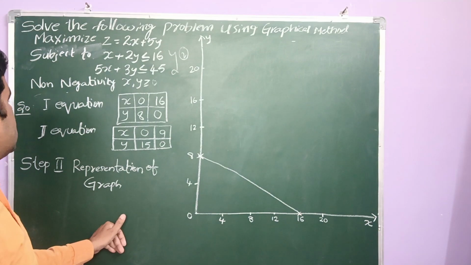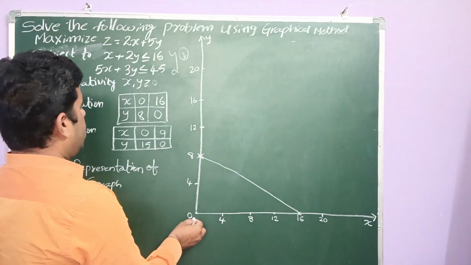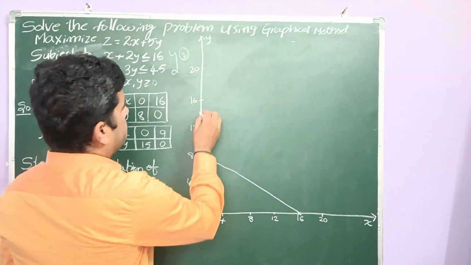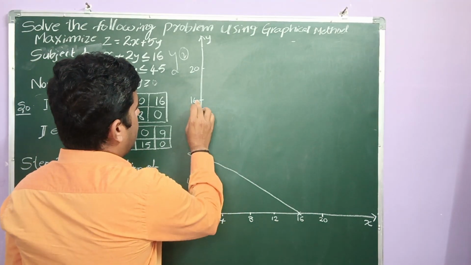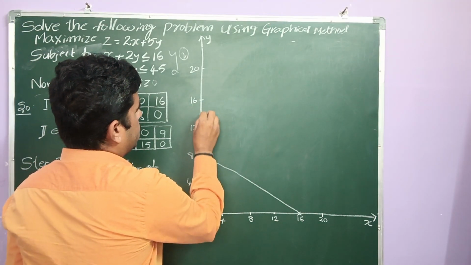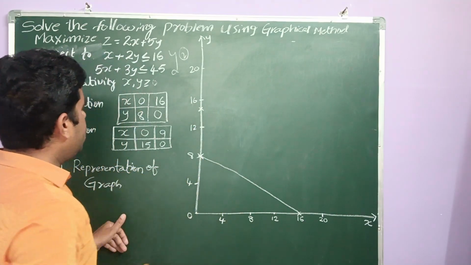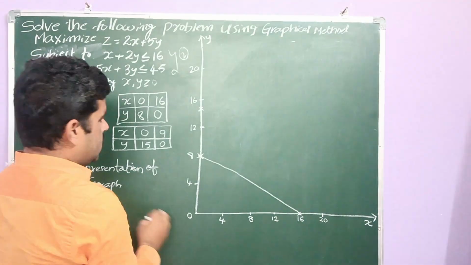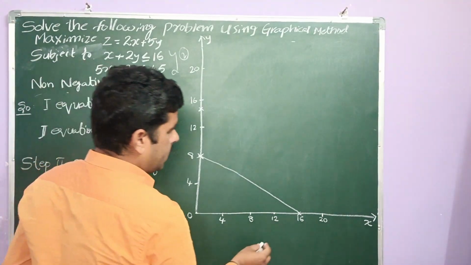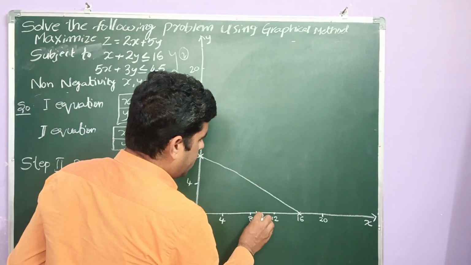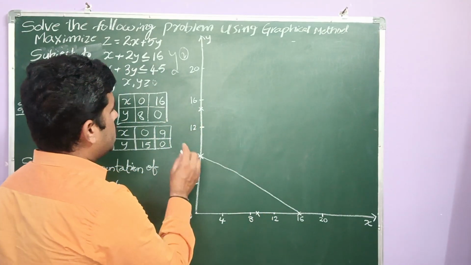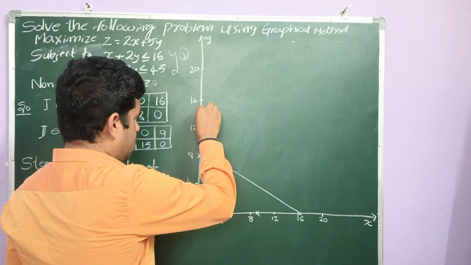Then go for equation number 2. x is 0, then y is 15. I think it is between 12 and 16 here. Okay, this is 15. Then x is 9, so x is 9 and y is 0. So draw a straight line here.